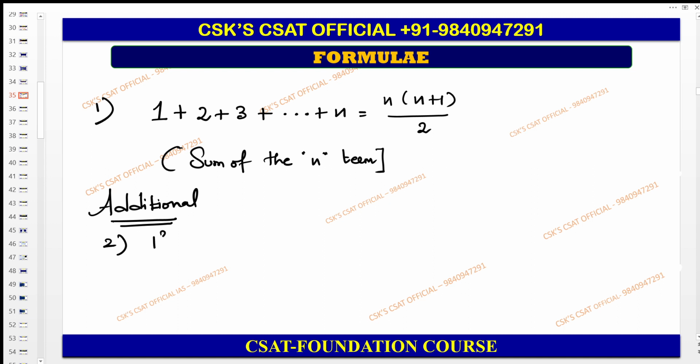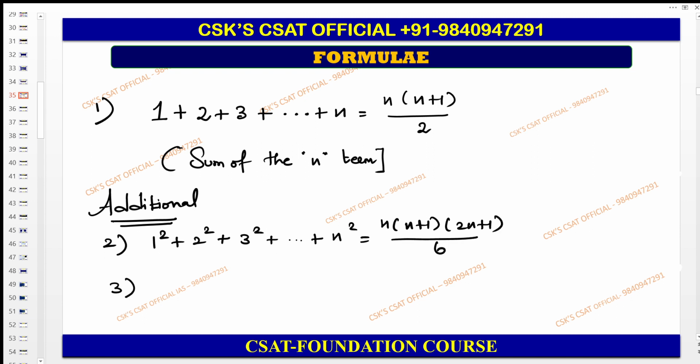1 square plus 2 square plus 3 square plus etc plus n square, which is equal to n into n plus 1 into 2n plus 1 by 6.